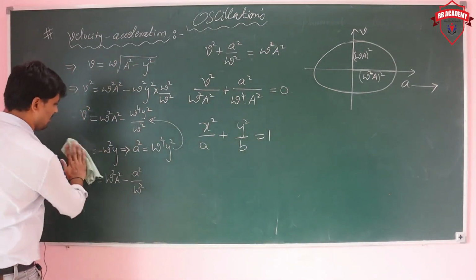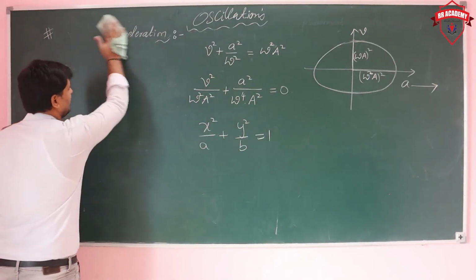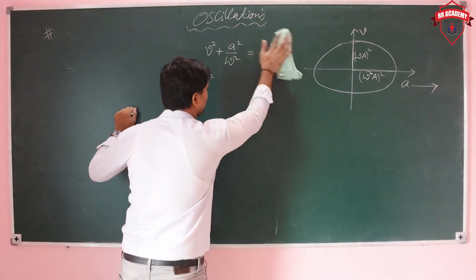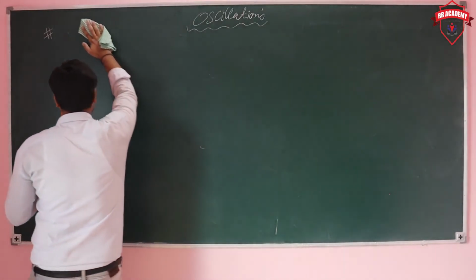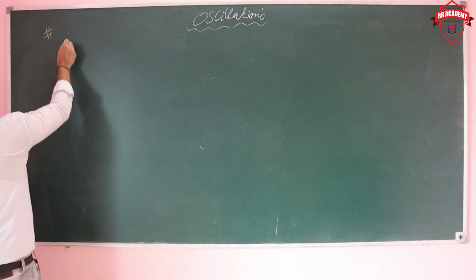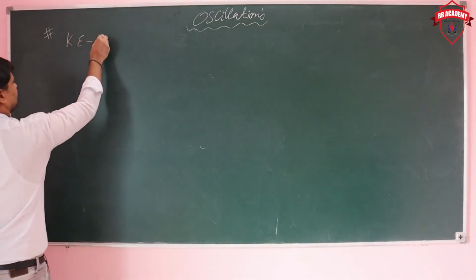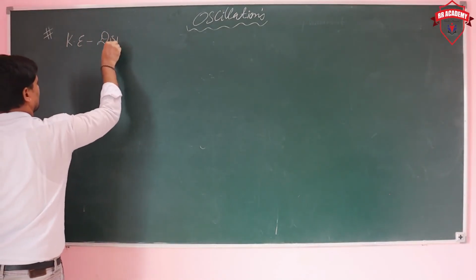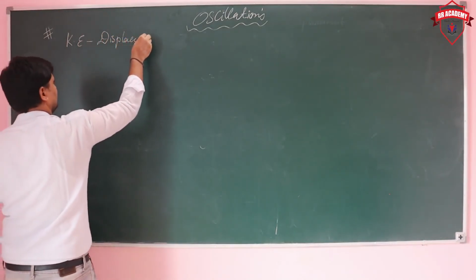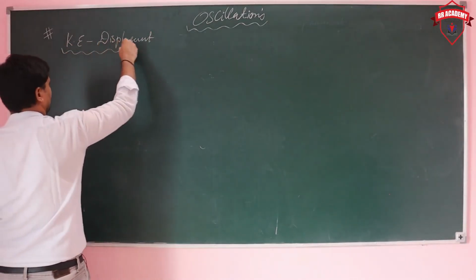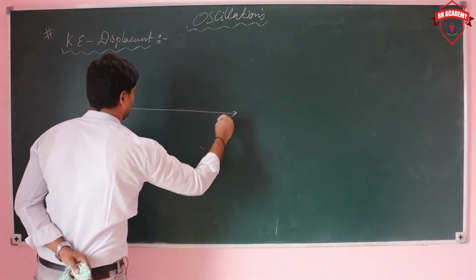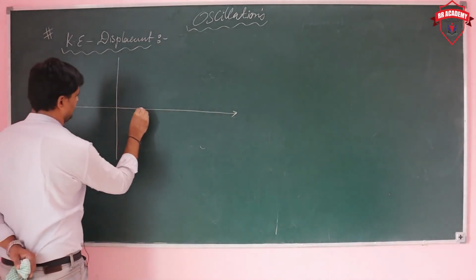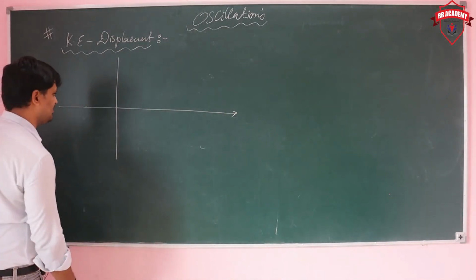And after that, we'll see the potential and kinetic energy versus displacement graph. Kinetic energy versus displacement. Take displacement on the x-axis.